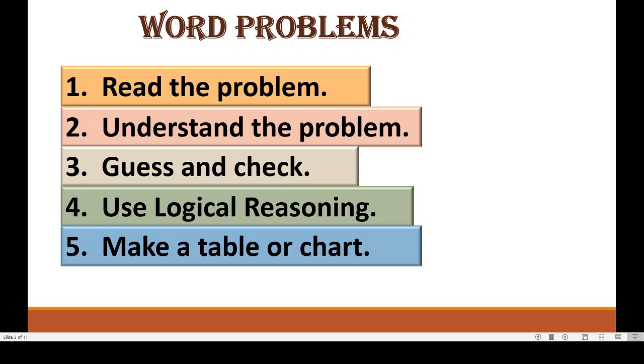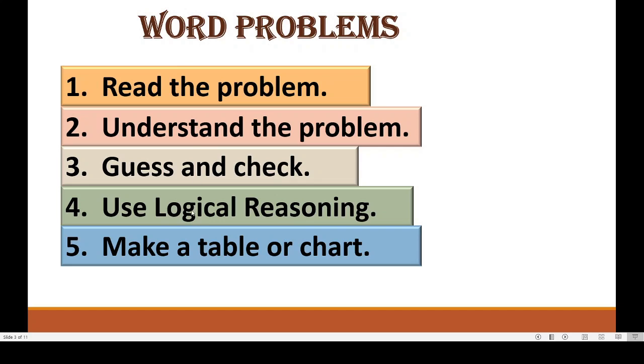Got this? So dear students, once again we will read all these steps. Number 1, read the problem. Second, understand the given problem. Third, we have to guess which method and check. Next is use logical reasoning.